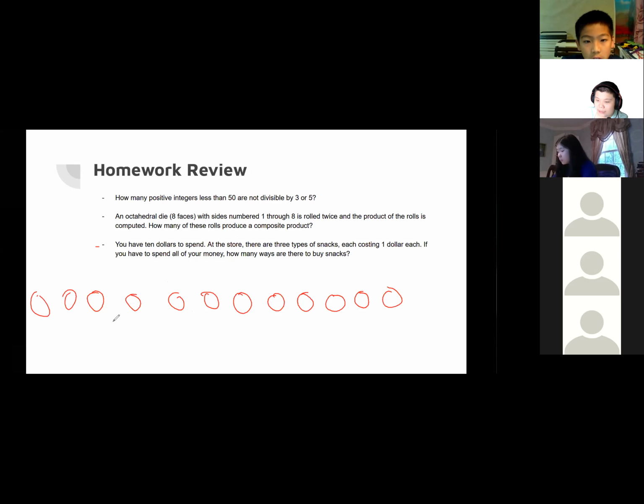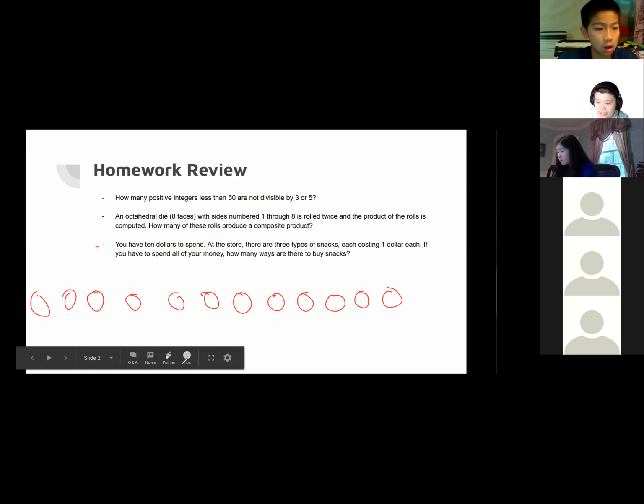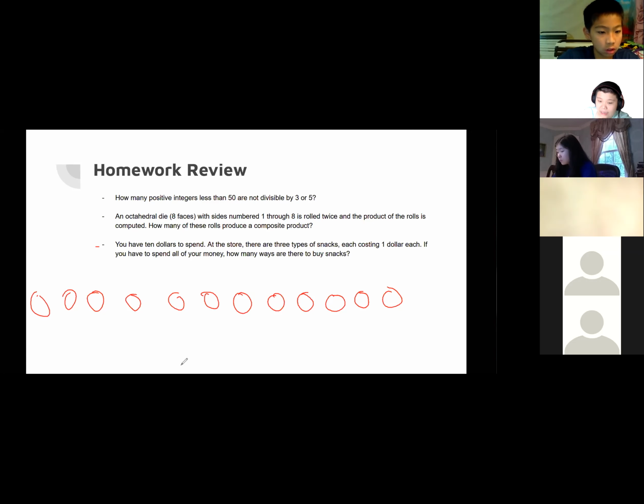If I select any positions, it's equivalent. Out of these 12 objects, we're choosing two of them to be bars, and 12 minus 2 is 10, which leaves you with 10 stars. No matter how you divide these, you can always correspond it to choosing two positions.